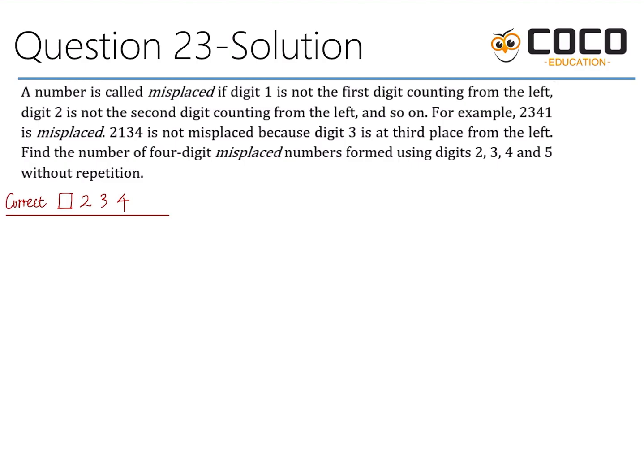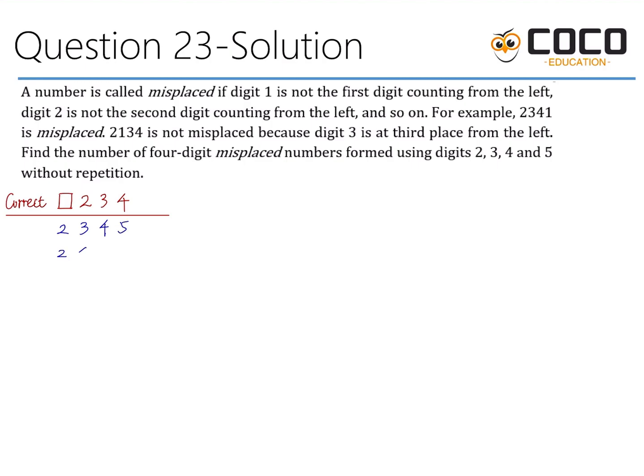Right, let's do some listing. So first position, the digit can be 2. Then second position, it can be 3. Right, we are left with 4 and 5. So it can only be 4, 5. It can't be 5, 4 because we can't get a digit 4 in the last position. So it can be 2, 3, 4, 5.